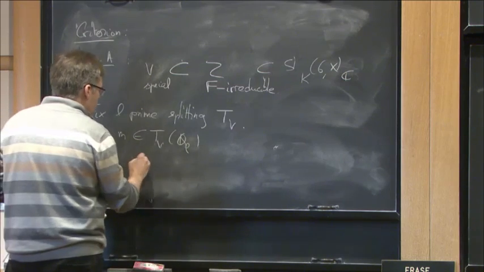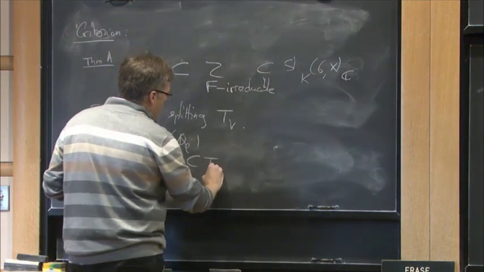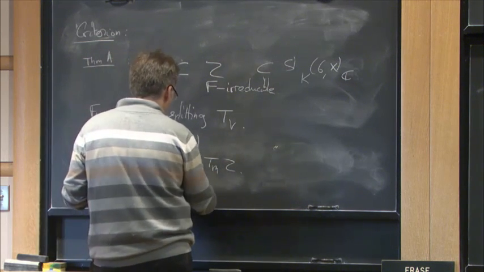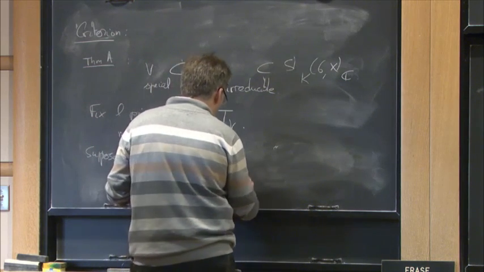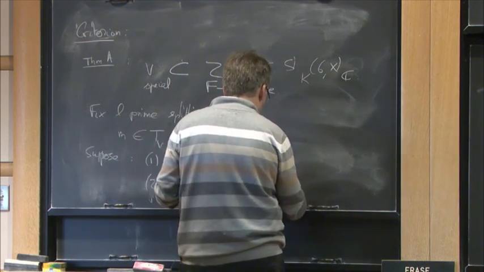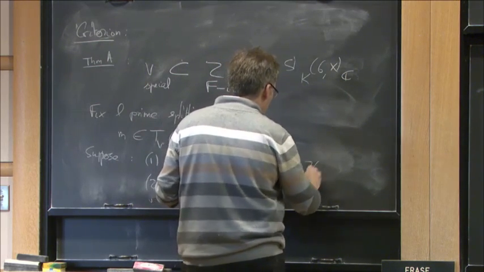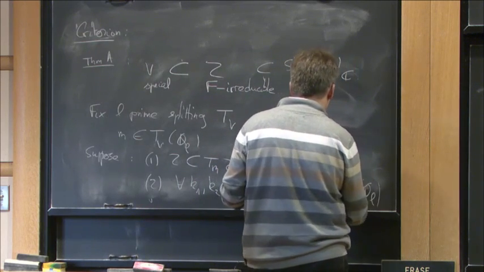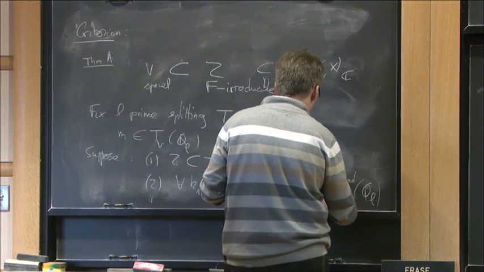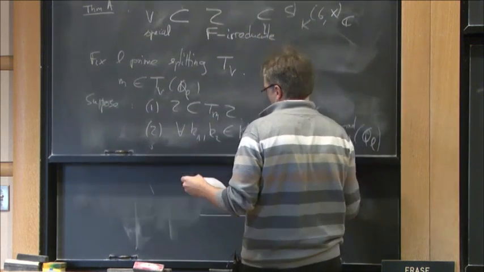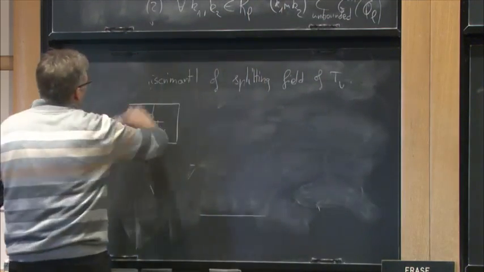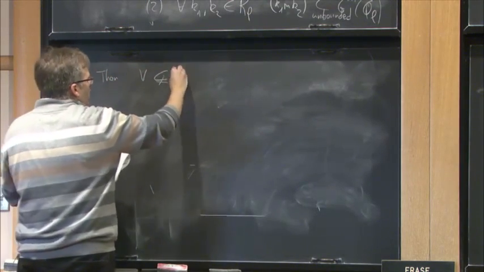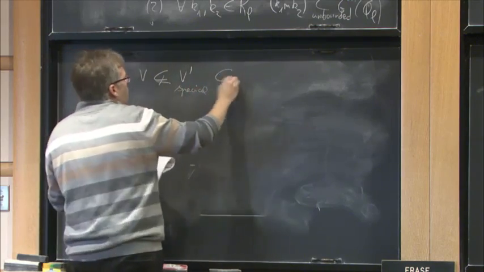Suppose that first, Z is contained in its translate under the Hecke correspondence corresponding to M. And second, a group theoretic condition: for any K1, K2 in the compact, the group generated by K1 M K2 is unbounded. Then the conclusion is that V is contained properly in V prime special contained in Z.